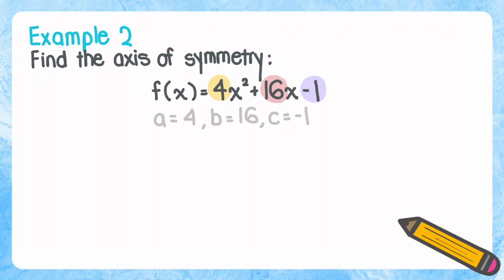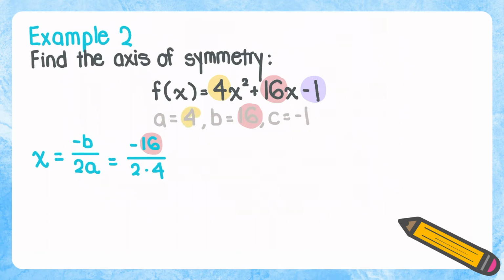Let's plug these into the AOS formula. So we have x equals negative b over 2a, which equals negative 16, because b equals 16, and 2 times 4, because a equals 4. 16 replaces the b value, and the 4 replaces the a value.